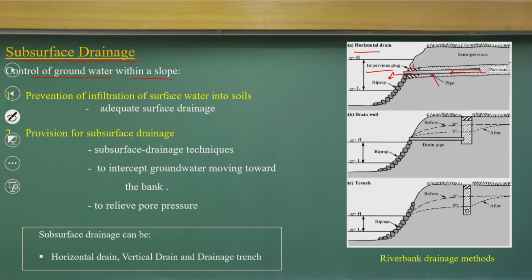Or you can have a drain well. You can see the groundwater table before like this, and because of this drain well, the groundwater table decreases like this.